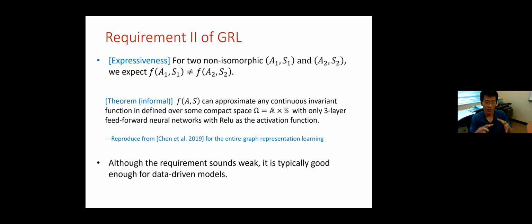So in practice, maybe you want to approximate an arbitrary type of invariant function, but as long as our learned representation is able to distinguish non-isomorphic structures, you can always approximate that mapping. So this is really good. This requirement is not weak, especially in this data-driven setting.